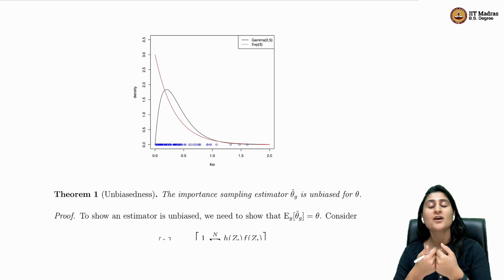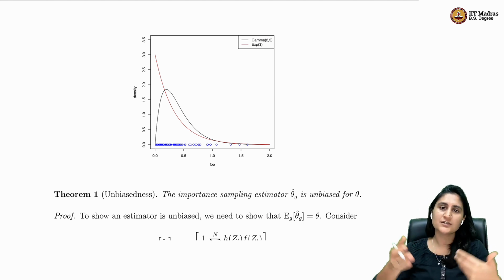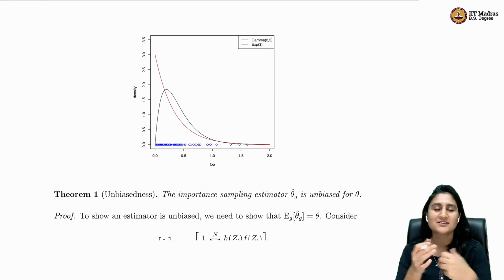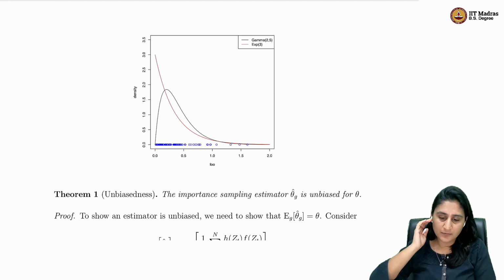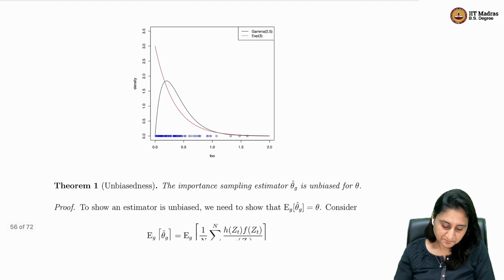So in order to do that, we need to establish certain properties of the importance sampling estimator. We need to see what kind of bias or expectation it has. We need to understand what kind of variance it has. And that's really what we're going to be doing next.